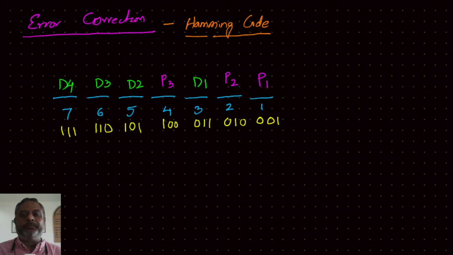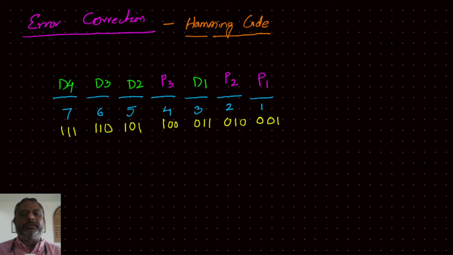So here the parity bits are used. So for 4 bits of data, if you want to identify one erroneous bit, then we need 3 parity bits. It can be either odd parity or even parity as per our protocol.